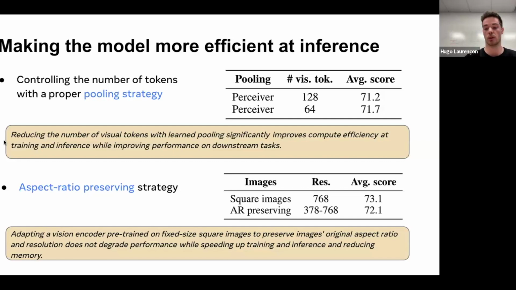And this is inefficient because you don't even need this image to be of high resolution. So this is why we kept the aspect ratio of the image and tried to preserve the original resolution if possible. And we showed that it only slightly degraded the performance while allowing a boost for efficiency at inference and during the training.